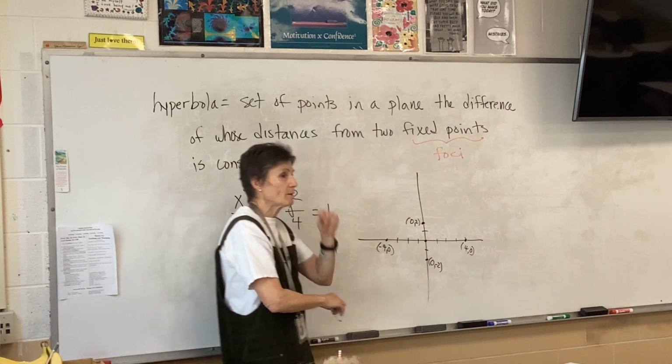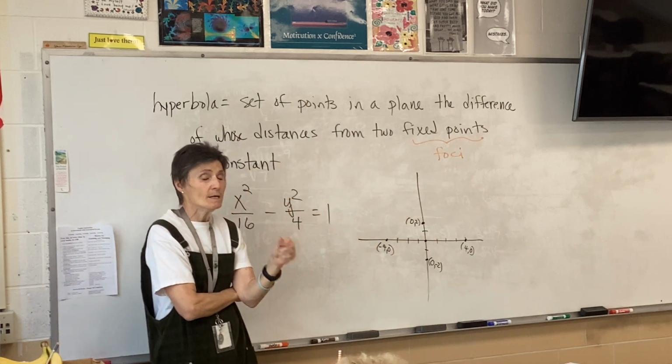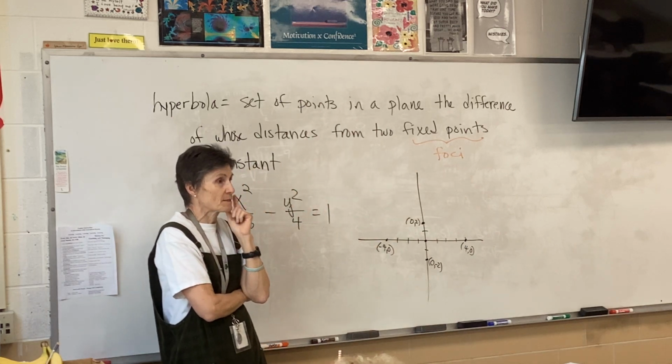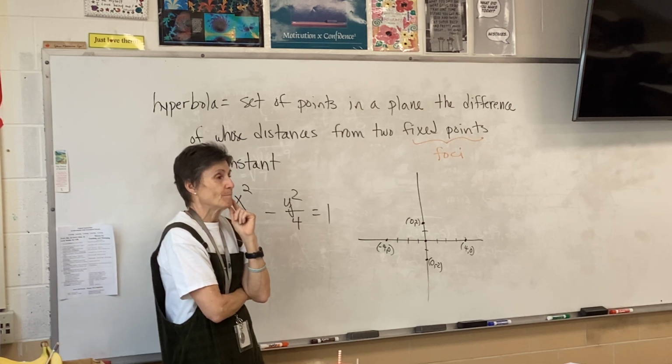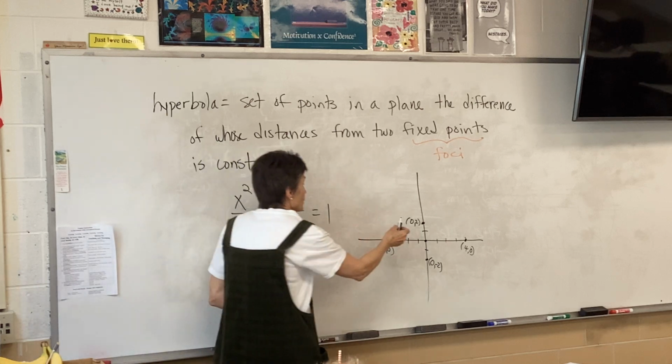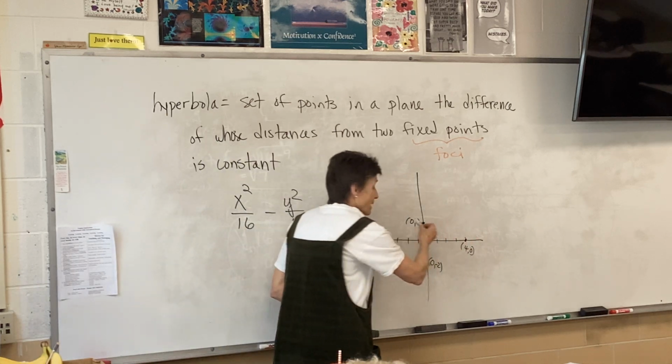Now, here's where we start being different. So far, is this exactly what we do with an ellipse? Yep, no difference. Here's where it's different. With an ellipse, you join those points and make a nice little oval.